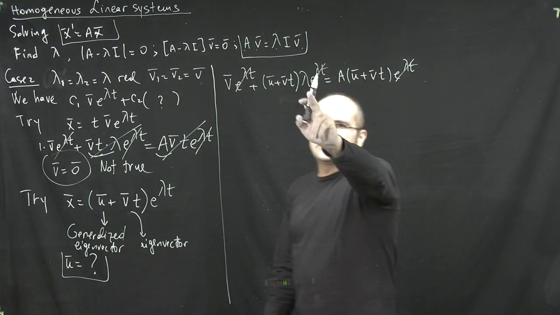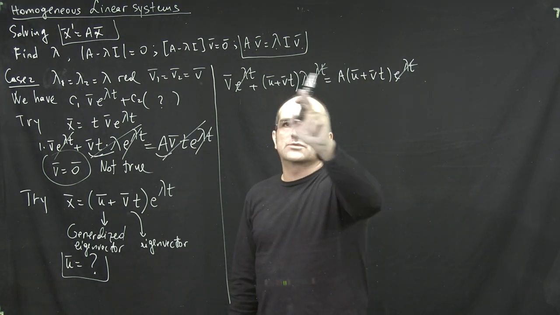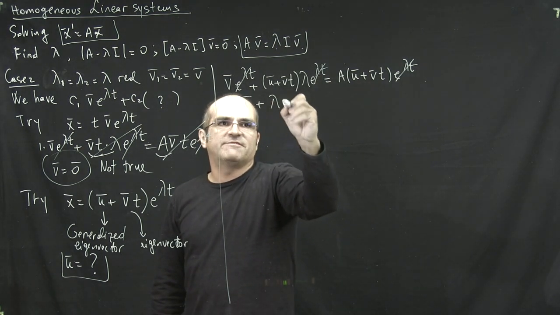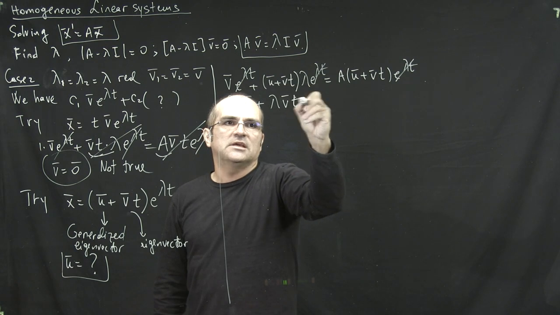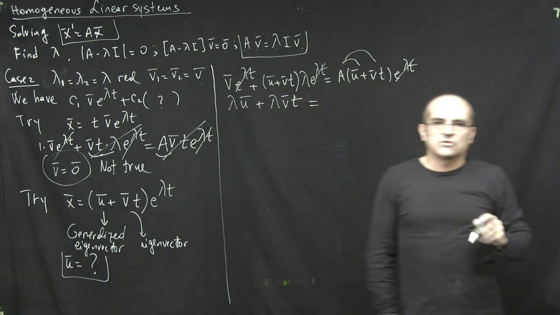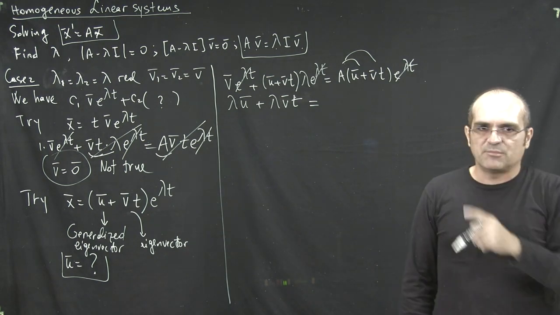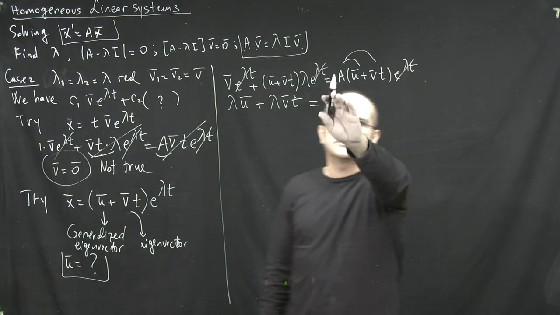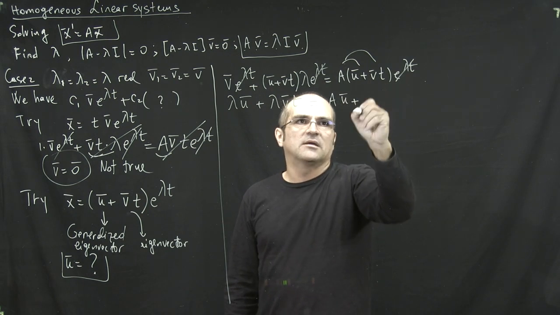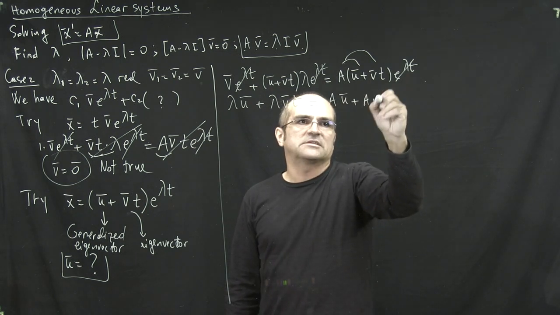Let's distribute this. This is a scalar, so we can distribute these coefficients. So that's going to be lambda u plus lambda v bar t, and matrix multiplication is distributive, right? It's not commutative, but we can distribute A on this summation, A u bar plus A v bar t.